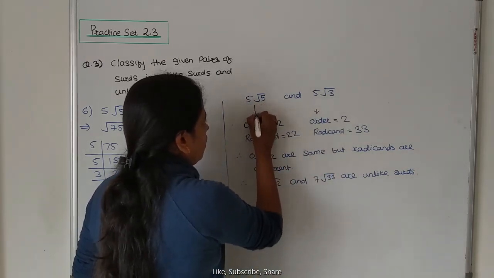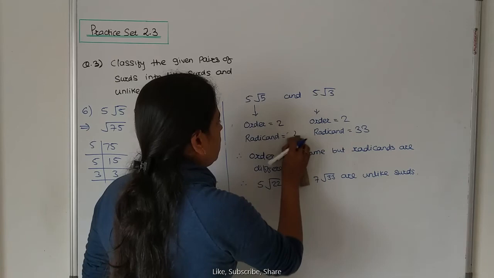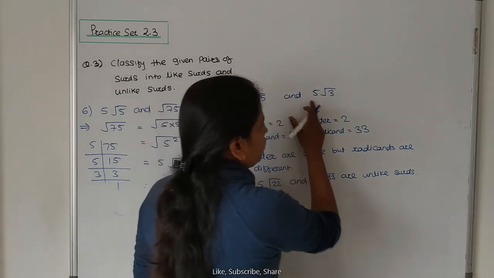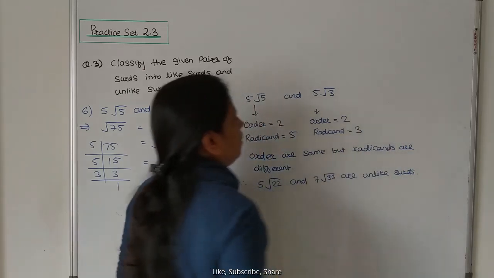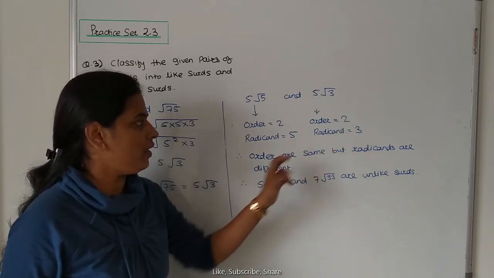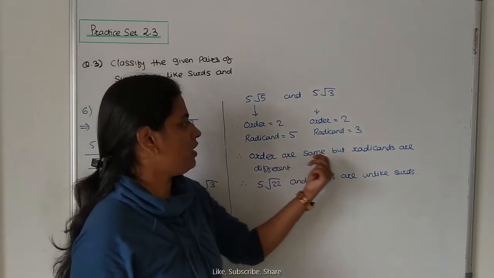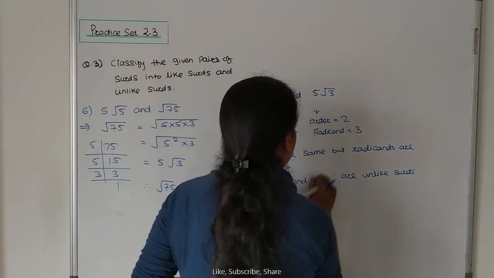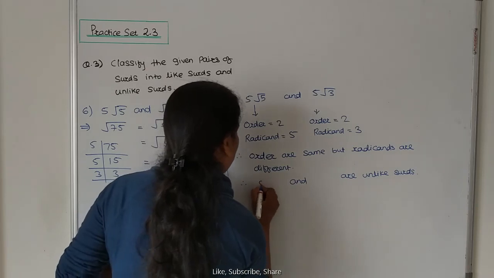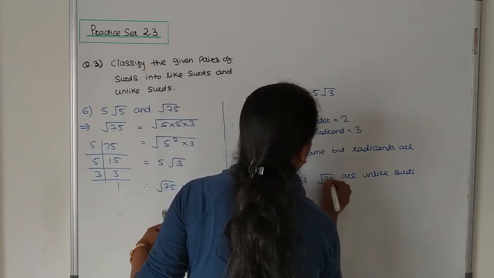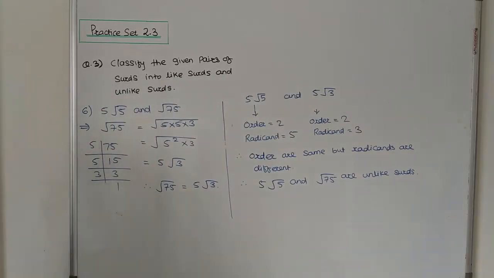That is 2, and radicand is 5. Now, order of this surd is 2 and radicand is 3. Just observe here, orders of these two surds are same but radicands are different. So you have to write like this: orders are same but radicands are different. Therefore, 5 root 5 and root 75 are unlike surds. So in this way we complete question number 3.